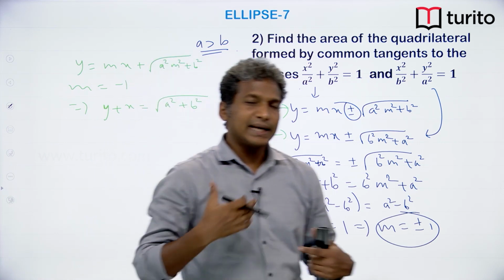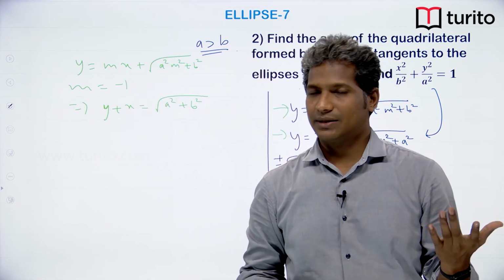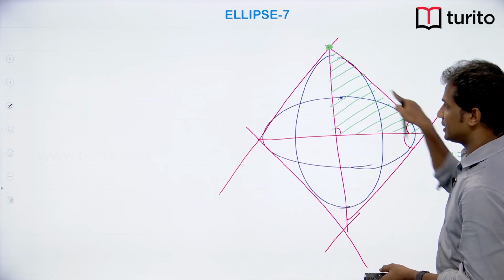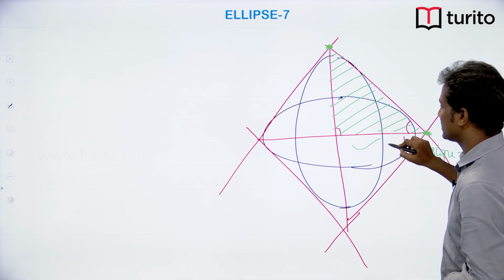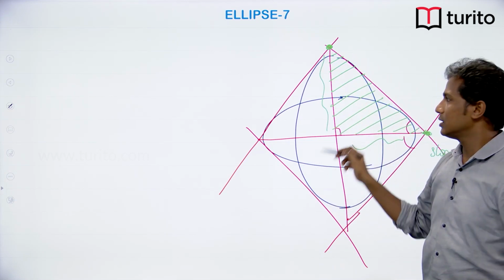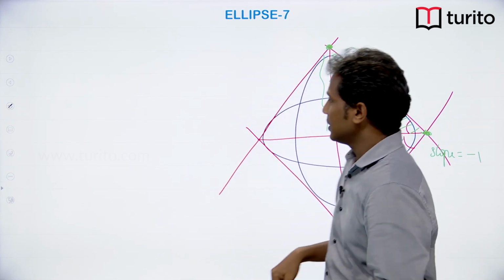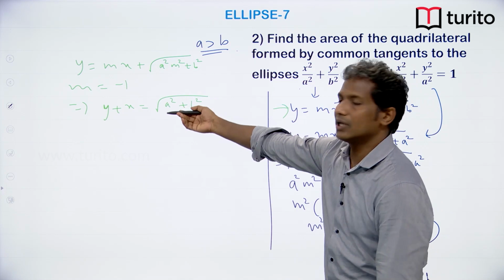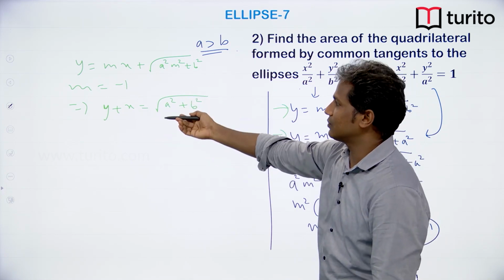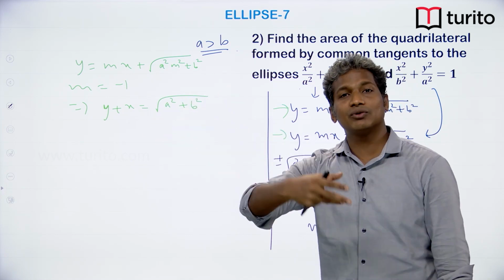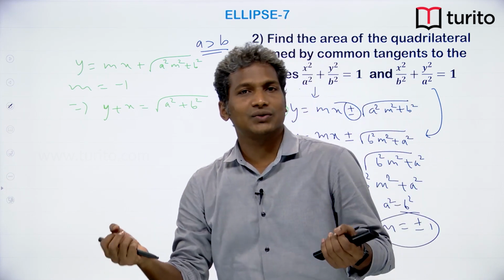Now whatever I get as the x-intercept will be the same as the y-intercept, because here we concluded that the line is symmetric, so whatever this length is, it is going to be the same as this length. So this triangle is going to be a right-angled isosceles triangle, that is by pure geometry. Here also we can observe it using algebra. If I put x equal to 0, I will get one value, if I put y equal to 0, I will get another value, but these two values are the same.